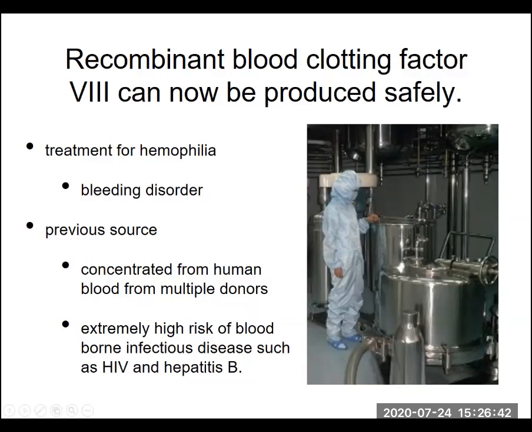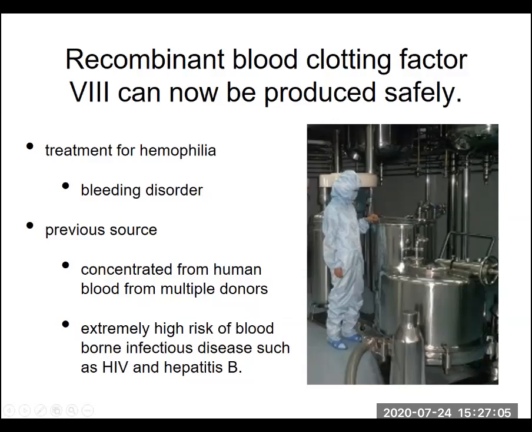The ability to clone the gene for this blood clotting factor, put it into bacterial cells and get those bacterial cells to produce human blood clotting factor means that we have a new source of that without the need to take it from the blood and the risks associated with this. So what we're looking at here on the right-hand side of the slide are these stainless steel containers.